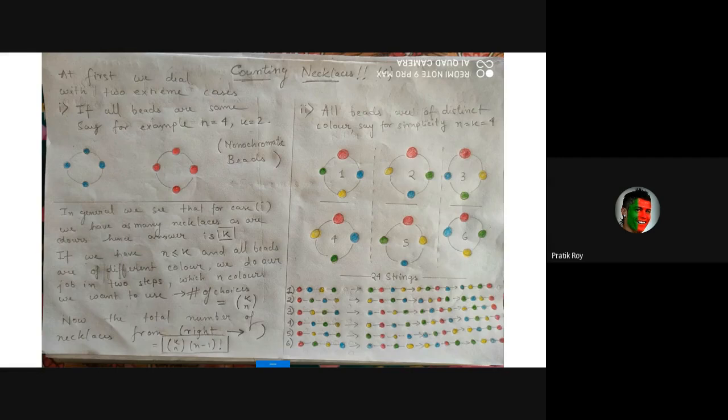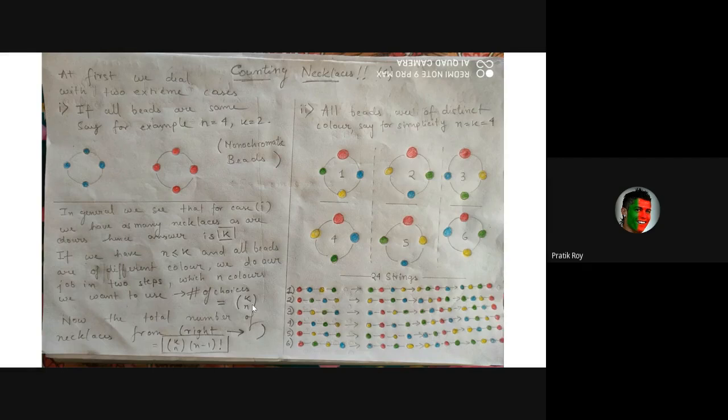And once I have chosen the n colors, I can then arrange the colored beads in n minus 1 factorial ways. So the number will be k choose n into n minus 1 factorial. We can check it if we put n and k to be 4: 4 choose 4 is 1, and 4 minus 1, 3 factorial, is 6. So we have dealt with the 2 extreme cases.